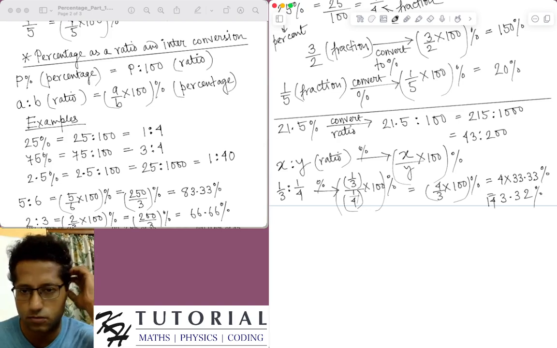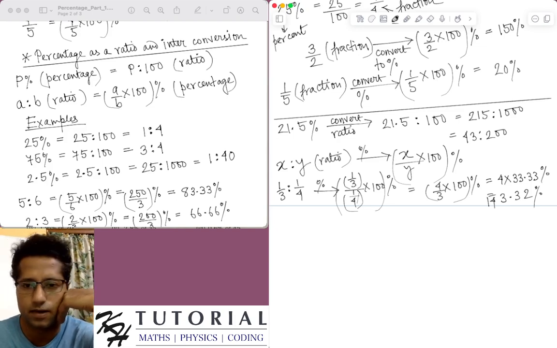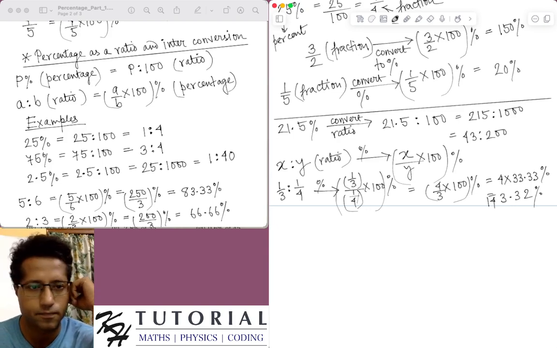So a ratio x is to y, when we convert it to a percentage, is x by y multiplied by 100, and we add the percentage symbol at the end.